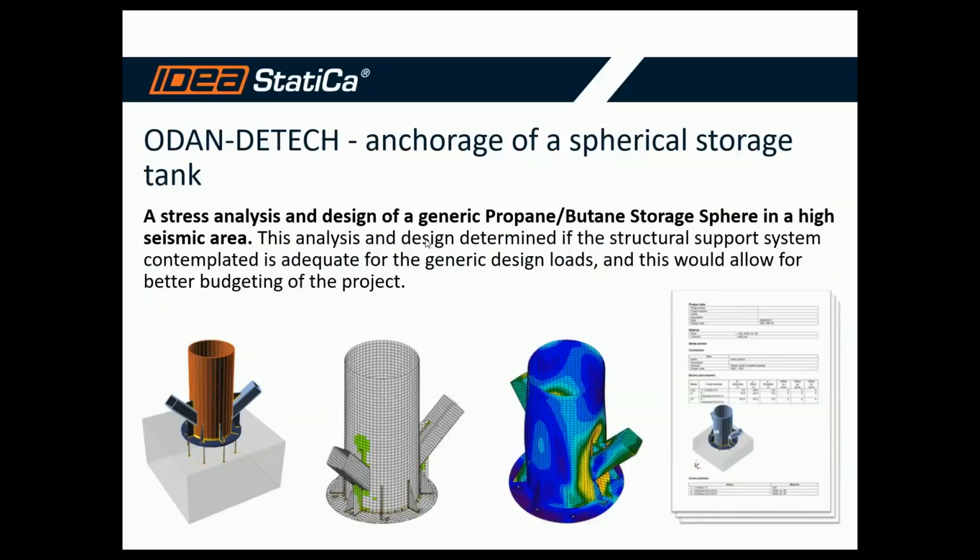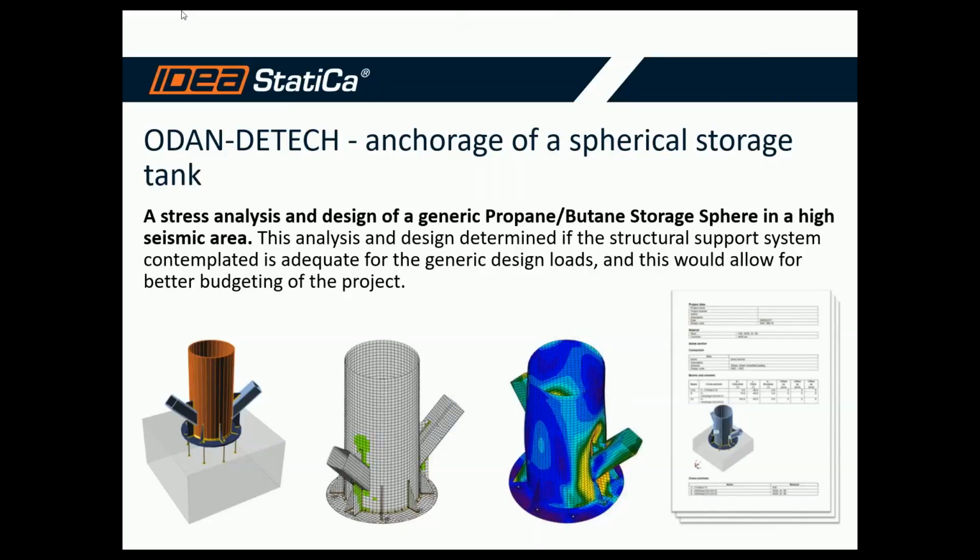So about this project, as you saw in the picture, they used IDEA Statica connection for code check and design of the Anchorage, which was designed as a circular column anchored to a concrete block with some diagonals and stiffeners along it.